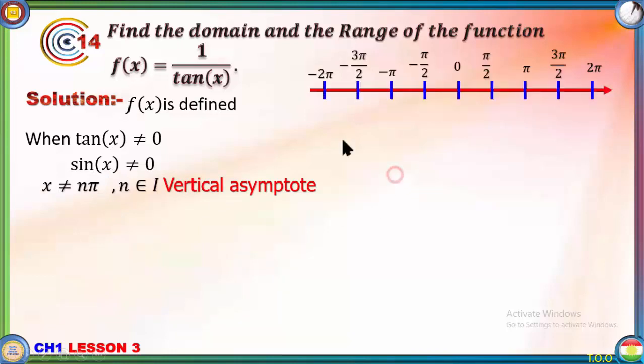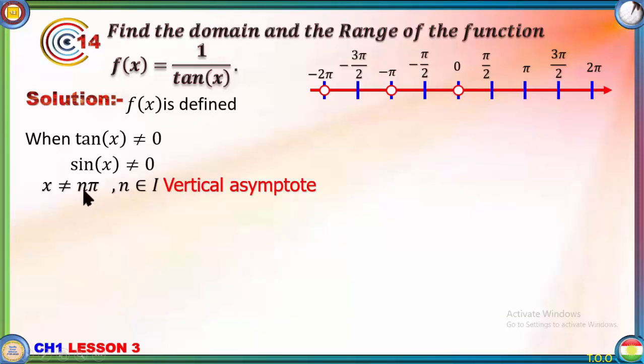Here, when n is minus 2, x is not equal to minus 2 pi. That means here the function is not defined. When n is minus 1, then x is not equal minus pi. That means here is not defined. When n is 0, x is not equal to 0, therefore 0 is not defined.